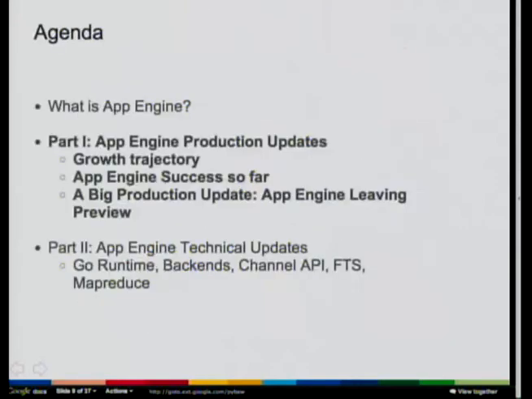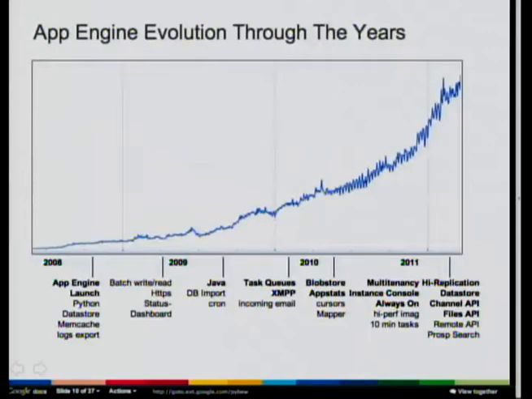Let's talk a little bit about some of the production updates that have come about with App Engine. By doing that, I want to explain a little bit of the history of where App Engine has come along. Back in 2008, App Engine was a very simple technology. The numbers were thousands, but as you can see, the growth of App Engine has been significant.